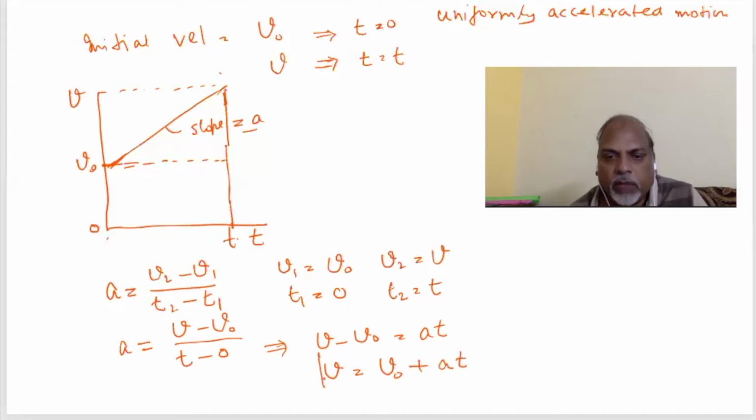So this is the first equation of motion of a uniformly accelerated motion.